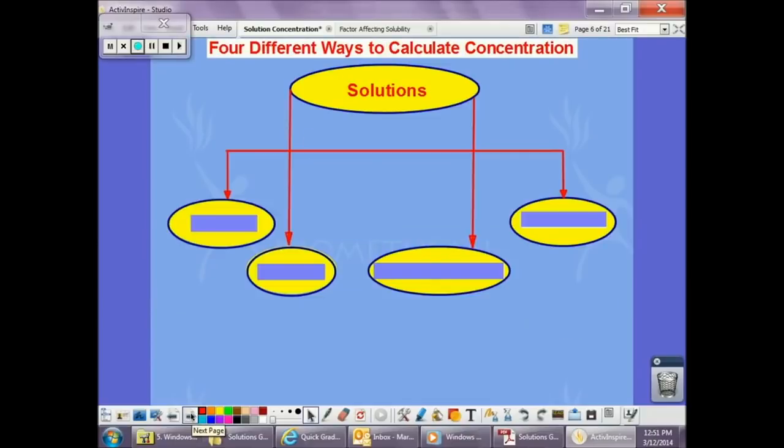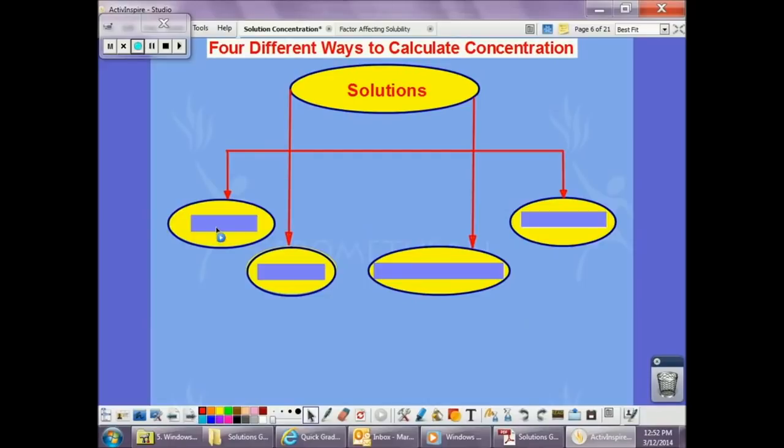Now, today we are going to discuss, even though you see 4 boxes, 7 different ways to quantitatively measure concentration. Let me repeat. You are going to make a concept map. We are going to discuss 7 different ways to quantitatively measure concentration.